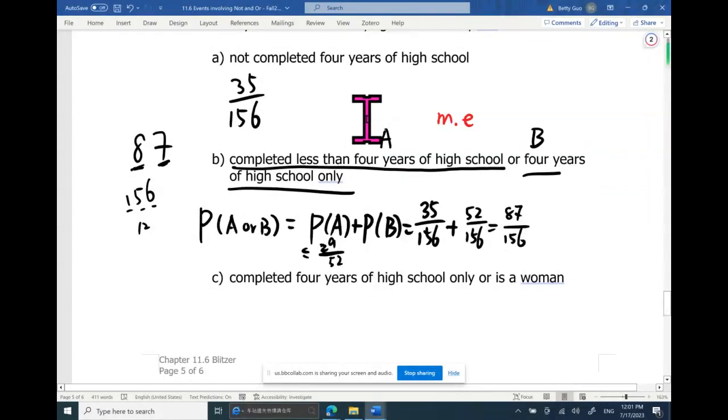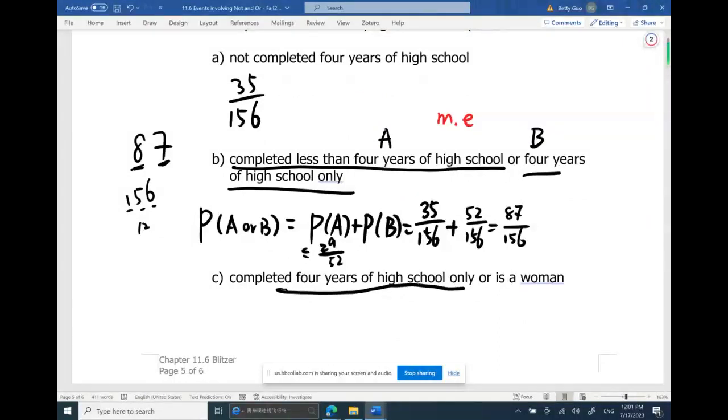Part C, find the probability of completing 4 years of high school only, or is a woman. This time we let complete 4 years only be A. Randomly select the person is a woman as B. Then P of A or B. In each part, A and B refer to 2 different events, so be aware of that.